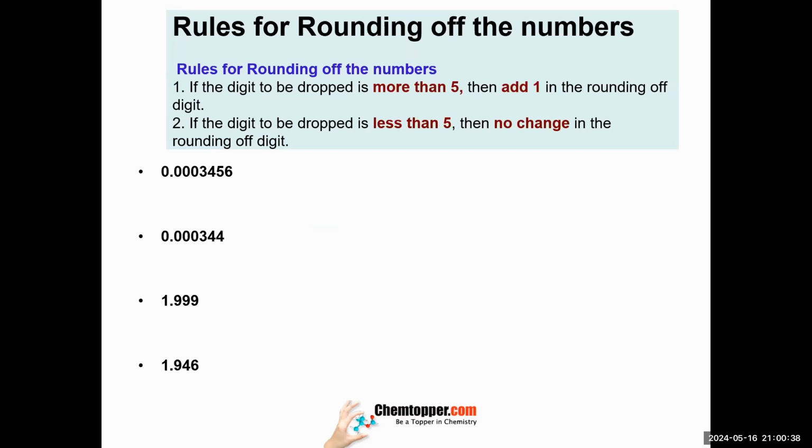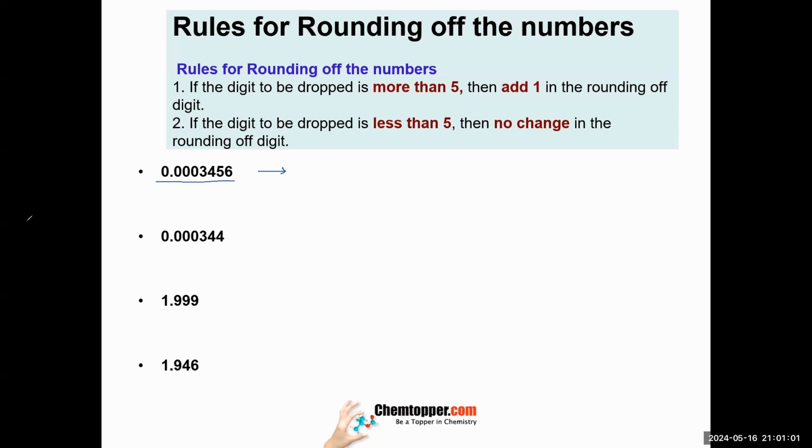Then rounding off, how to do the rounding of the measurements. For example, look at this number. I want to write down this number in scientific notation, but I want to write only up to 3 digits.